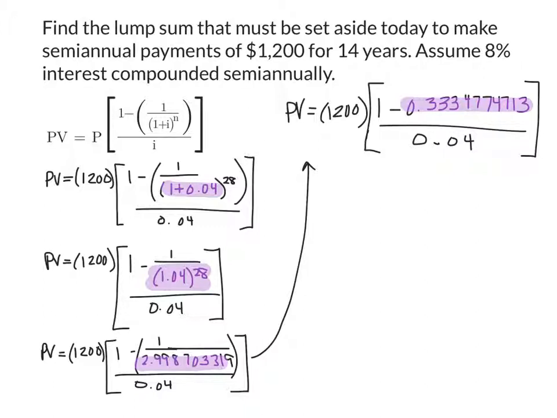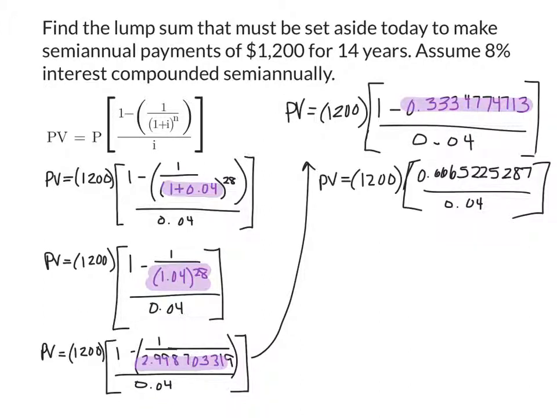0.33347747713. So you'll write that number down on paper, and then you'll clear your calculator again, and you'll do 1 minus, and you'll type in 0.33347747713 and hit equals. All right, so now we have a value of 0.66652252287. And we can keep that in our calculator and then push the division sign and divide by 0.04 to get our next value.